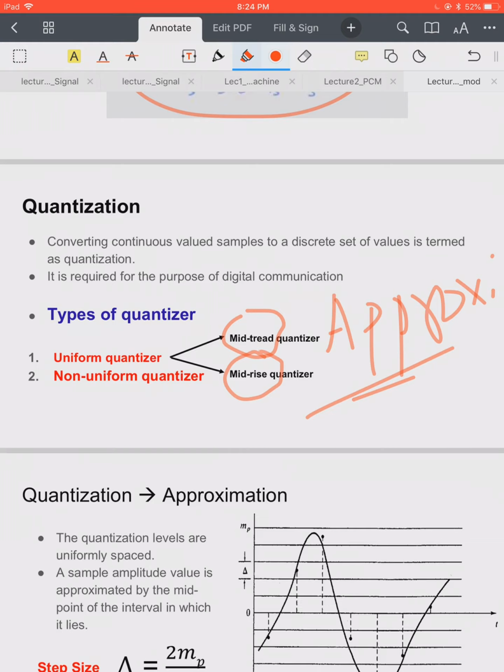Here I will discuss only one type of uniform quantizer, that is the mid-rise quantizer. I will just give you an example. The same analysis can be applied to other types of quantization.